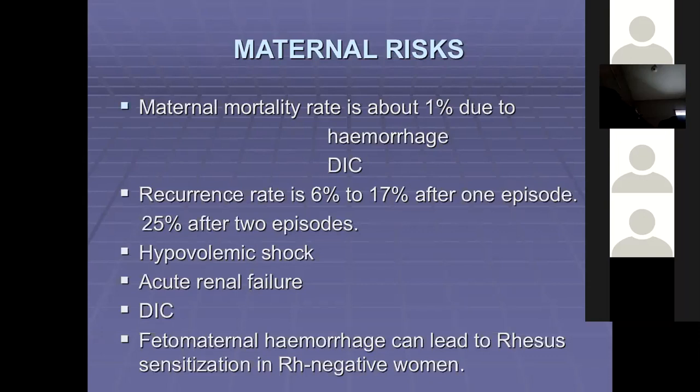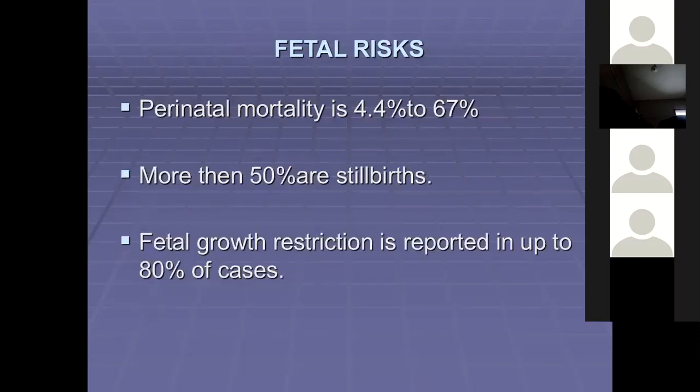Patient may have hypovolemic shock, acute renal failure, DIC, and fetal-maternal hemorrhage can lead to sensitization in Rh negative women. Now, fetal risk. Perinatal mortality is 4.4 to 67%. More than 50% are stillbirths.